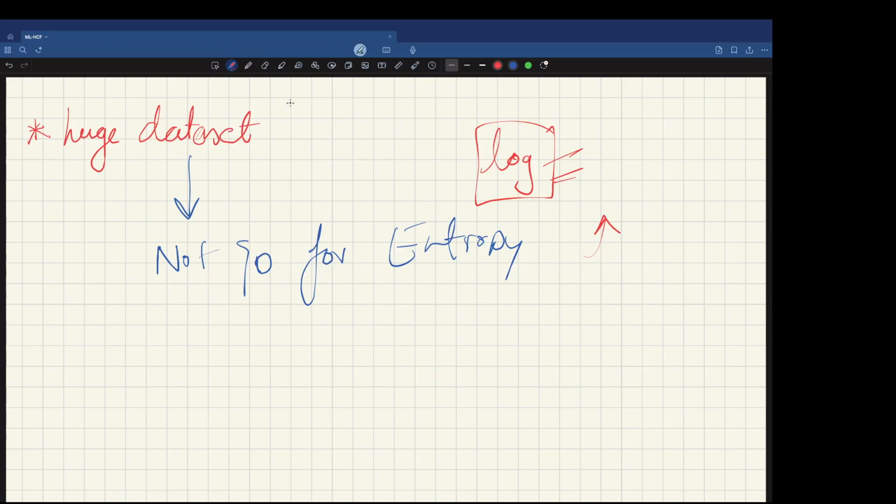Instead of that, go for Gini impurity, not index, Gini impurity. Are you getting my point? Again, if you want a second option to make it better, you can use both, one after another. Is it clear, guys?